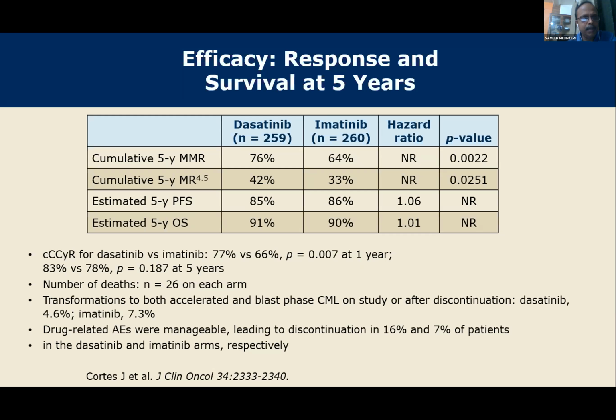Number of deaths were the same in each arm. Transformations to accelerated phase and blast crisis on the study or after discontinuation were lesser for dasatinib as compared to imatinib, and these were also significant. Drug-related AEs were manageable, leading to discontinuation in 16% of patients on dasatinib versus 7% of patients on imatinib.